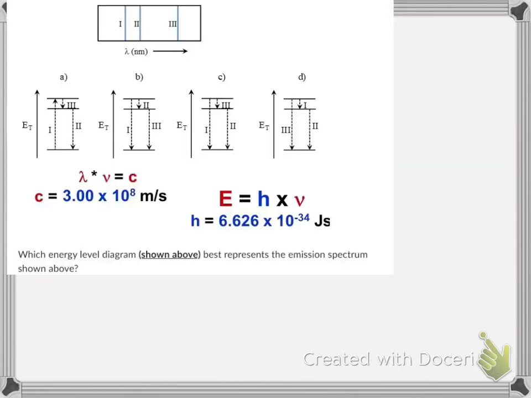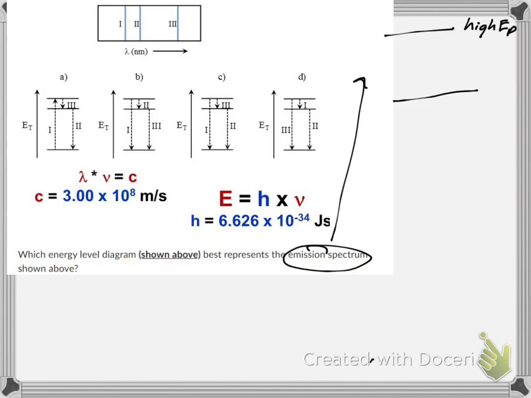Okay, so now looking at the model of emission and absorption, we are given an emission spectrum, and we want to know which energy diagram best describes it. Okay, so emission, first let's look at what emission means. Emission means that you have an outer orbit electron. Okay, so inner orbit, outer orbit, and we have an electron in it, right?